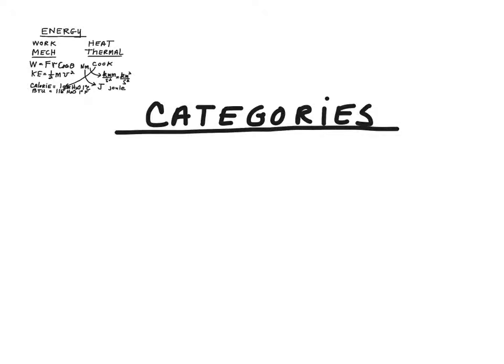And so the first is kinetic, which we already mentioned, the energy of motion, and up above we have the equation for that. And so any object that has mass is going to have kinetic energy according to the equation written up above.